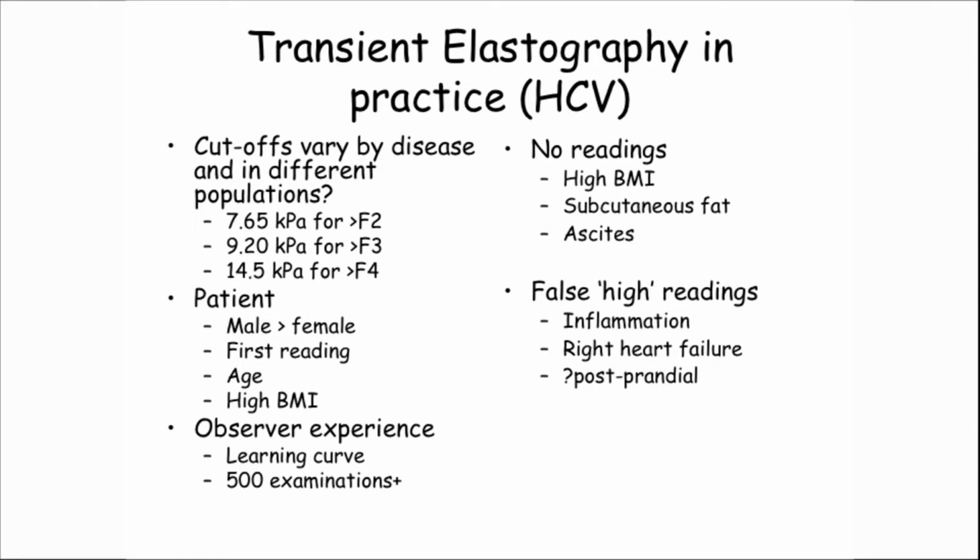And then there are certain things that will give you falsely high readings on a Fibroscan, particularly inflammation of the liver. So in the context of acute hepatitis, you'd get higher readings from a Fibroscan. Right heart failure will give you higher readings because of congestion within the liver. And then there is some data to suggest that if you've had a big, heavy meal, so you've got your bile flowing through the liver, that could also give you a high reading.